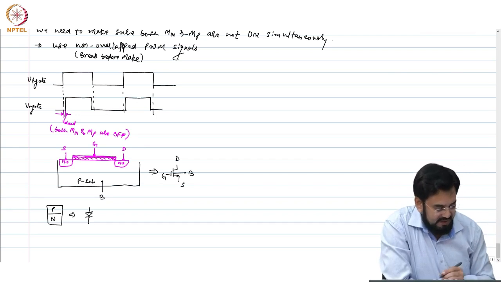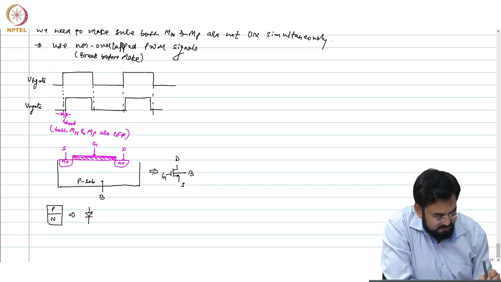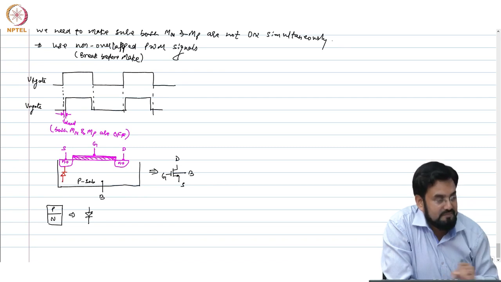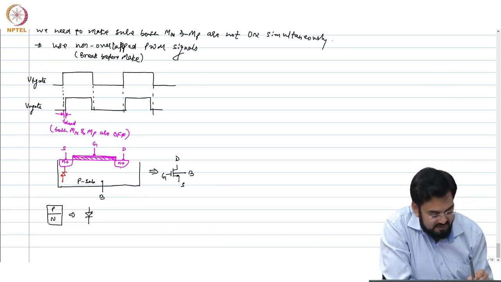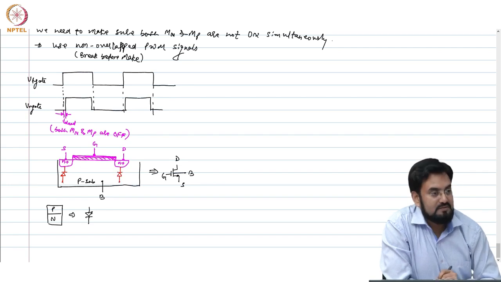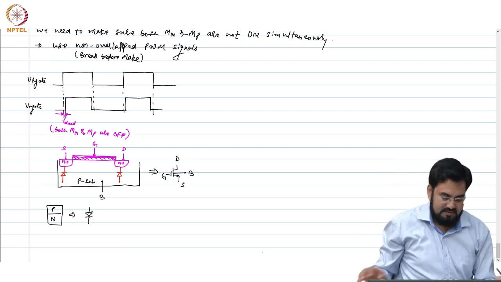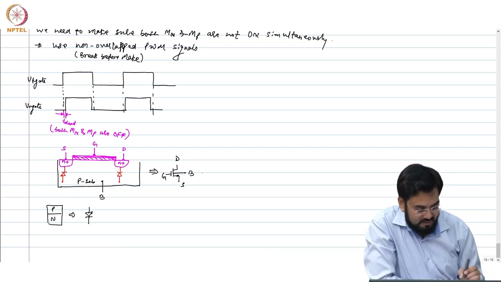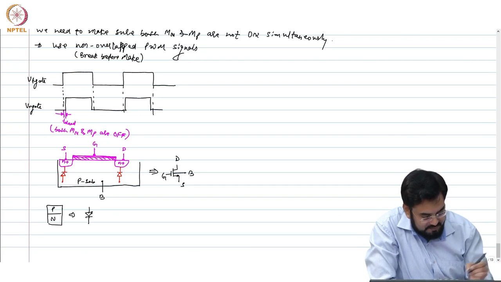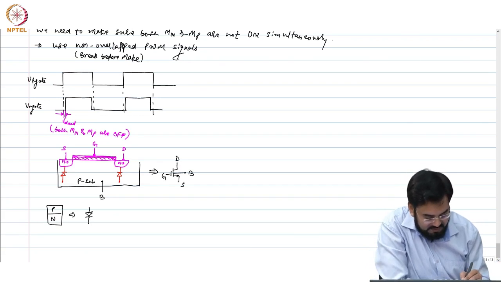So how many diodes do you have here? Changing the color. So this will form N side and substrate will form P side. Another diode you have here. Okay, which means I want to draw here those diodes.